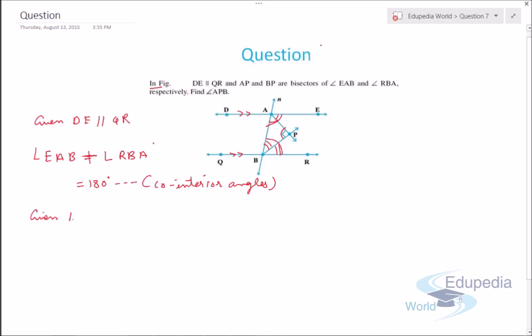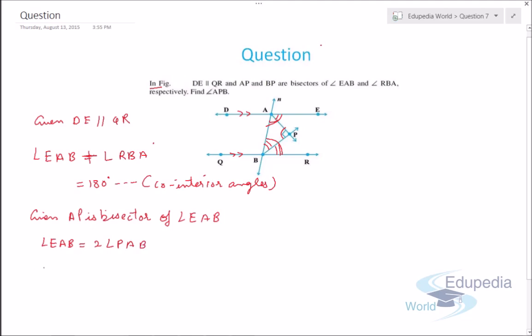Now AP is the bisector of angle EAB. So this means we can write angle EAB as 2 times angle PAB, right?